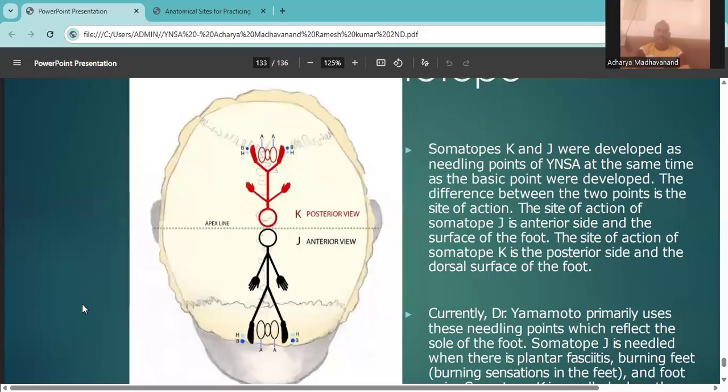Where A point and B point, between A and B there is foot. Then you can draw this picture accordingly. Next.